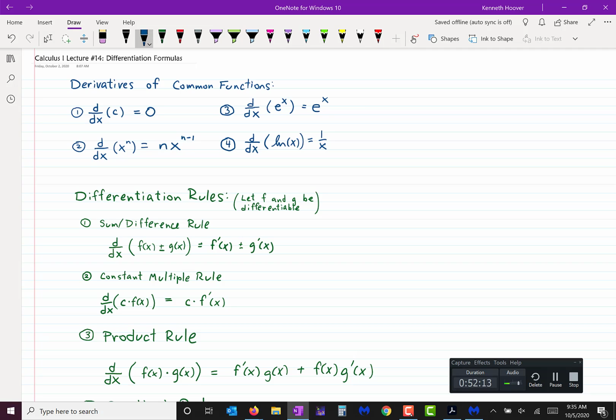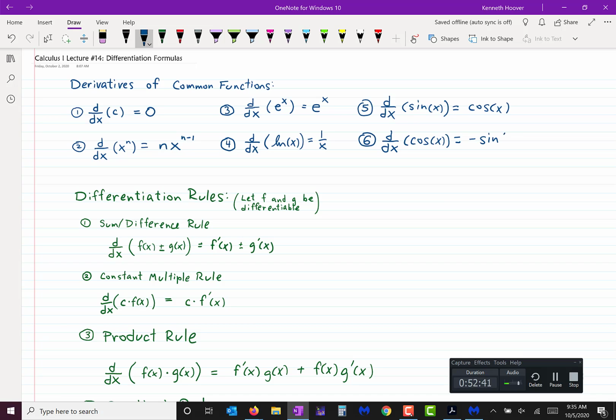I would like to show you the derivative of sine and cosine. Okay, the derivative of sine is cosine, and the derivative of cosine is negative sine.